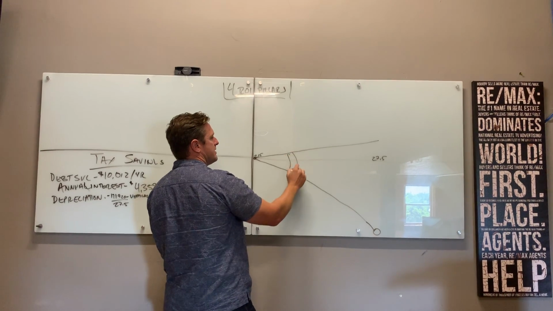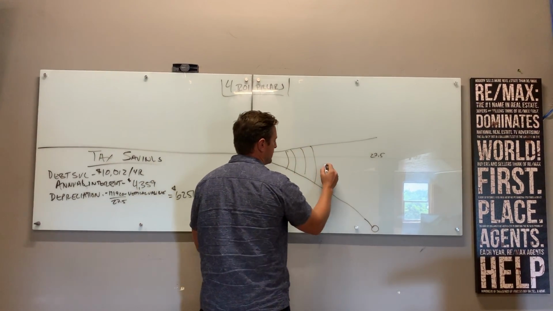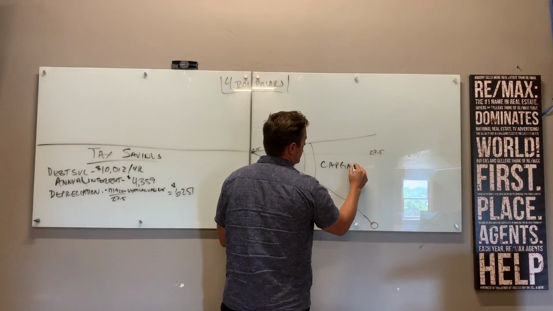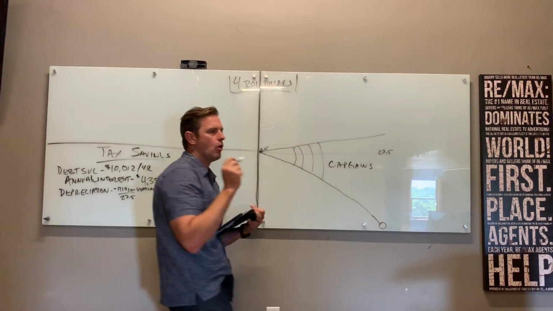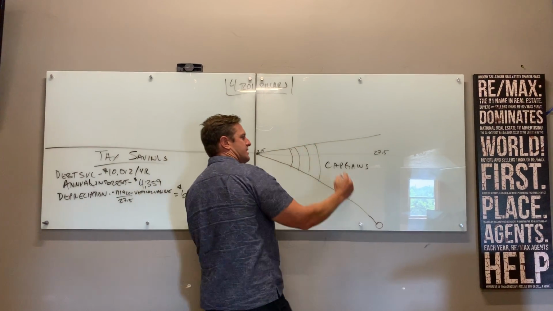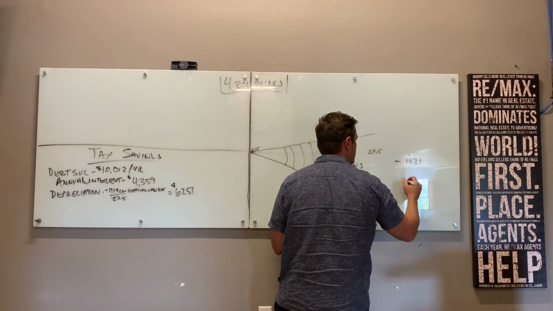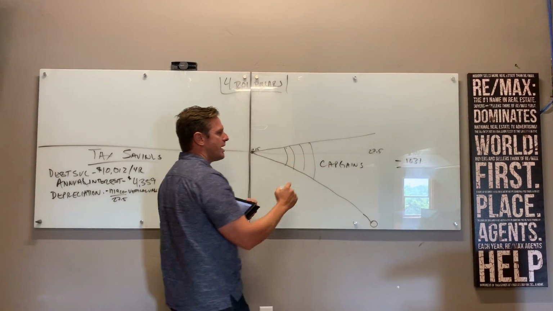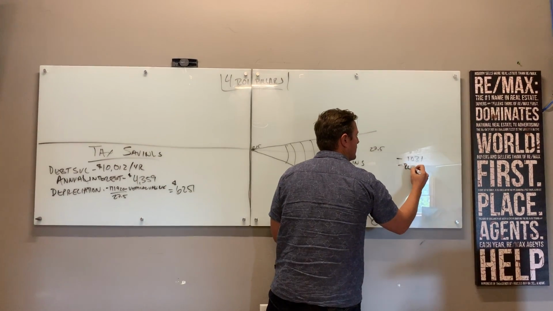Everything in this space is considered capital gains, and all of it is taxable only when you sell. So strategically, you can do a 1031 exchange, or keep your asset and re-leverage.